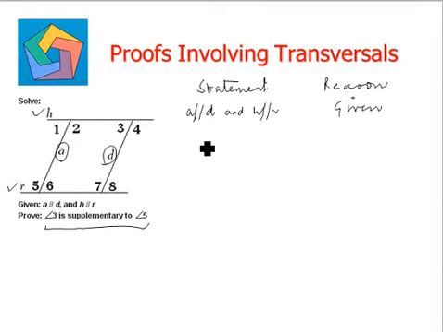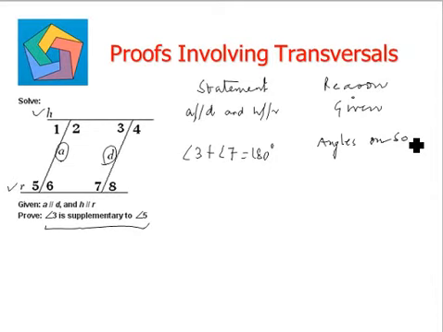Now if we observe carefully, because H is parallel to R, angle 3 plus angle 7 equals 180 degrees. These form the angles on the same side of the transversal, which are supplementary.